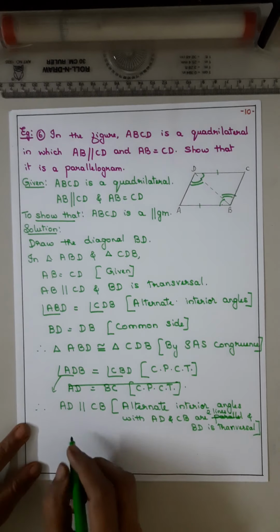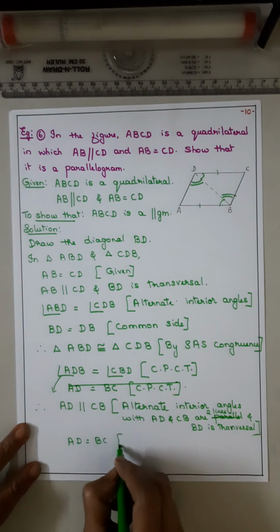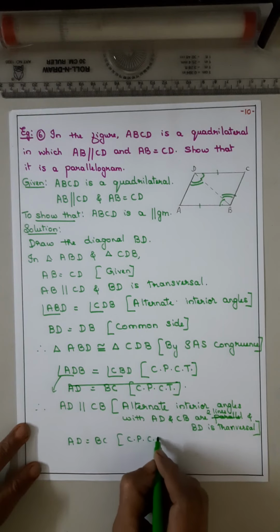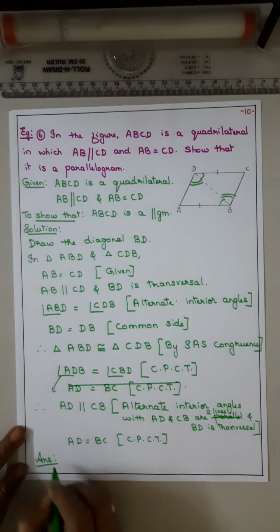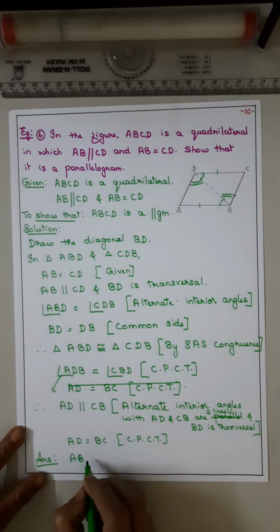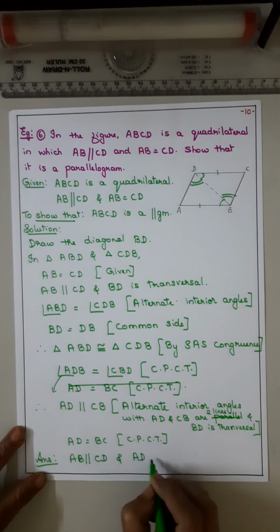Now AD is also equal to BC by CPCT. Therefore, AB is parallel to CD and AD is parallel to BC.